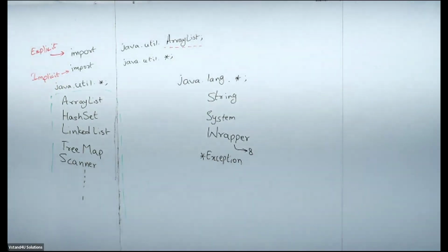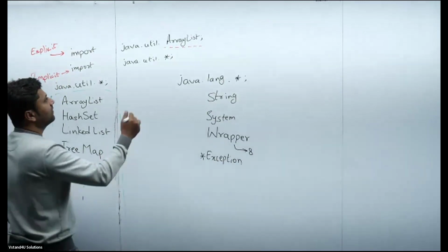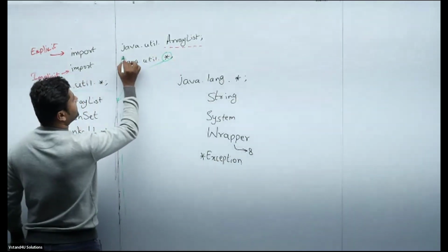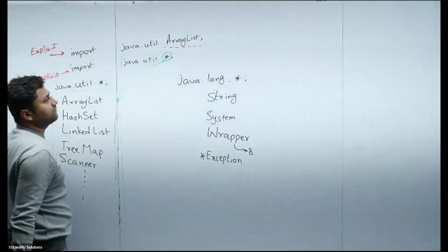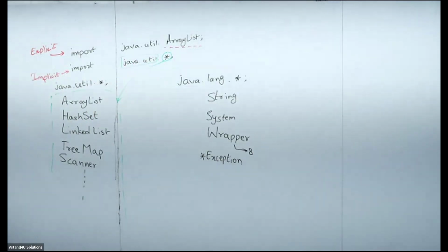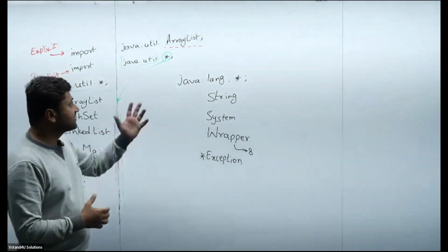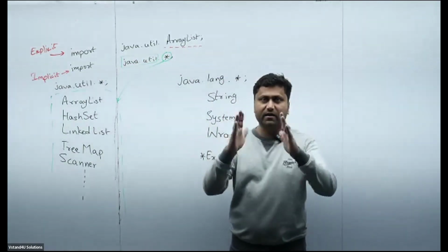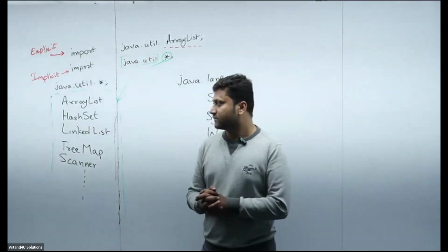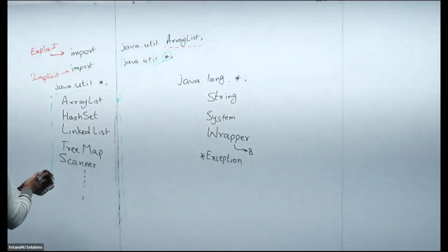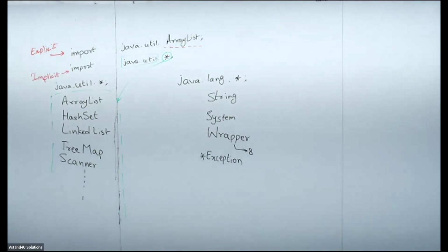When I use this implicit import, all the classes of this location will be added into my class definition. Are you with me? This is the main difference between implicit import and explicit import. Am I clear? I'll move forward quickly. Let's not waste much time on it. And let me share the screen quick.